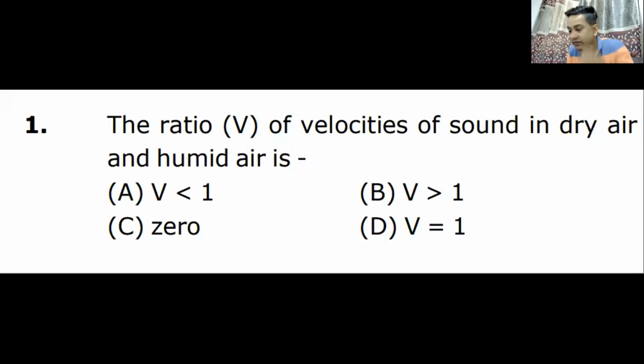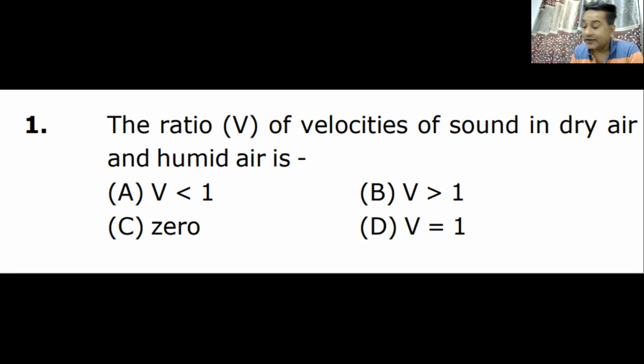So here we go with some question and answer. This is question number 1 from your sheet. The ratio of velocities of sound in dry air and humid air. Is the velocity of sound the same in dry and humid air? If yes, then what is the answer?